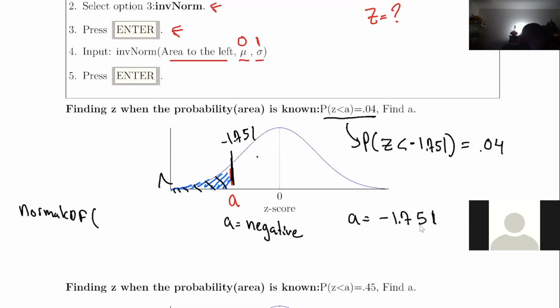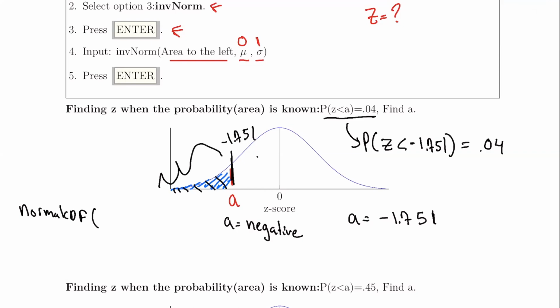If you look at this drawing right here, what's my lower bound? Negative infinity, so negative 10 to the 10th power. What's my upper bound?